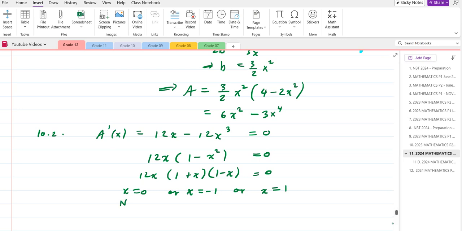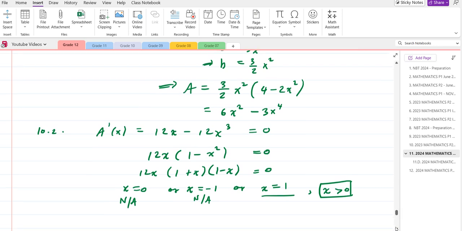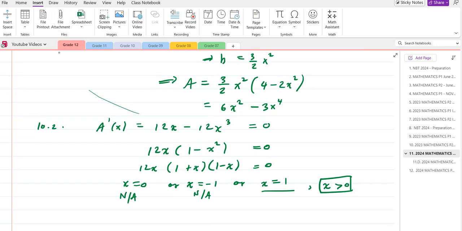So you're going to write not applicable for the first two, and this one is applicable, because remember x is a distance, x needs to be positive. So we need an answer for x which is positive. If you're looking at this equation, it's a cubic function, right?